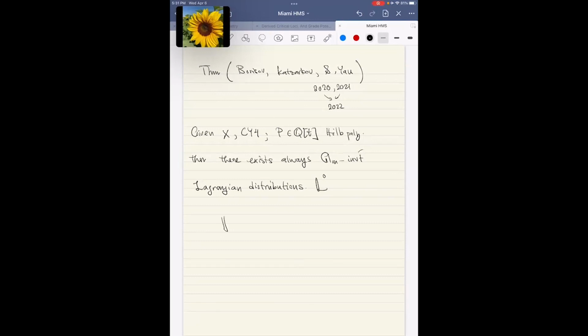So L dot is going to be mapped to this derived quot stack that we constructed, mod GL_M, and that thing was being mapped to the mapping stack of perfect complexes on the Calabi-Yau 4. Okay, so there are always such things, and the notion of derived Lagrangian distribution I defined.